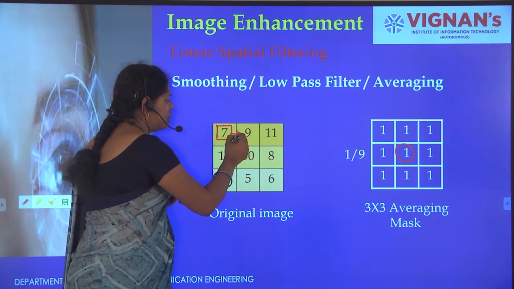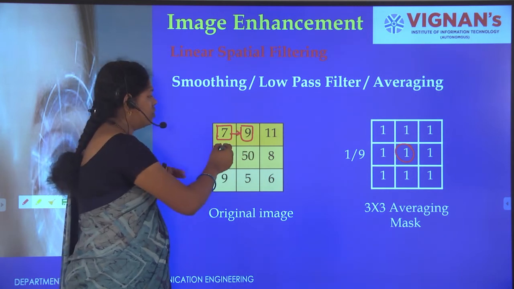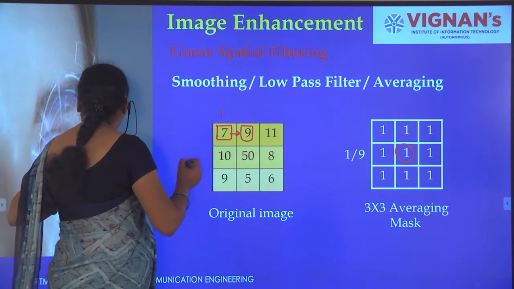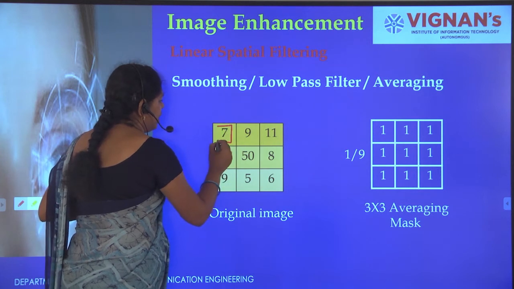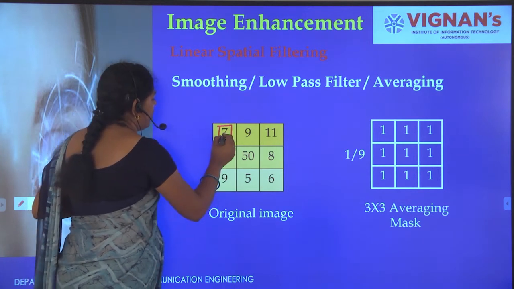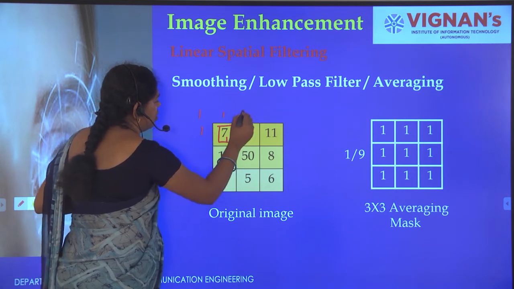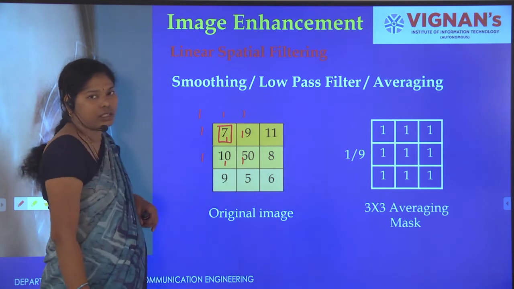Next we go to the following pixel and multiply again, placing the center element of the mask there.